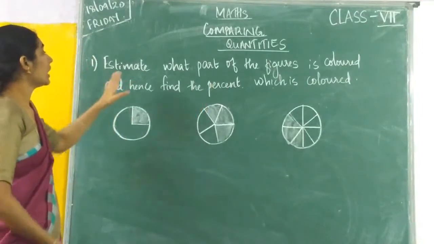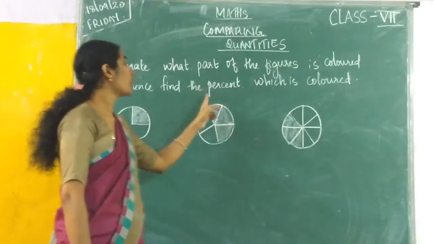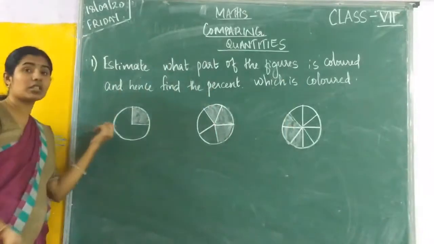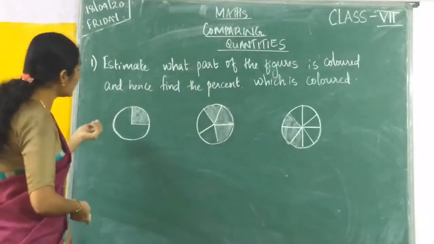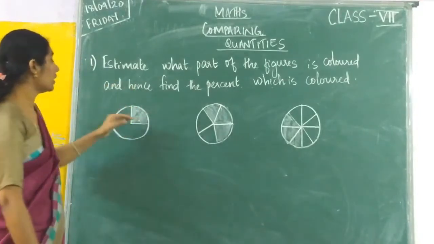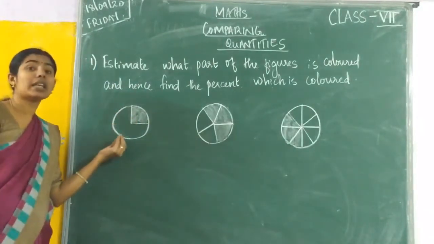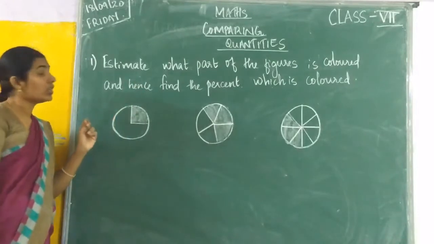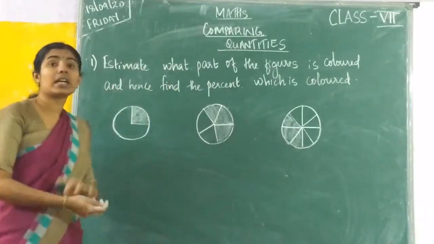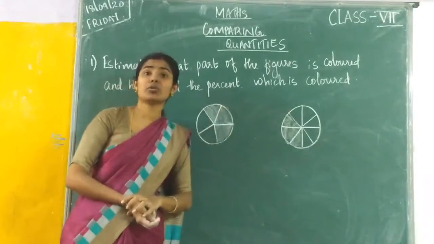Here they have given some figures, and some of their parts are shaded. What you want to find is how much part they colored, and we should find the percentage of that.